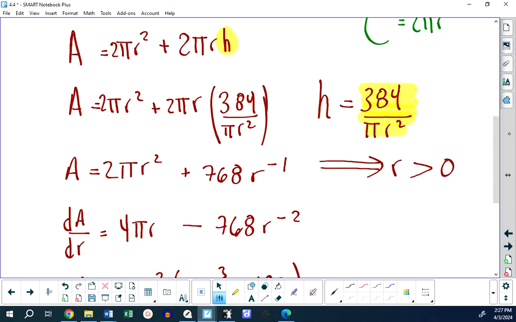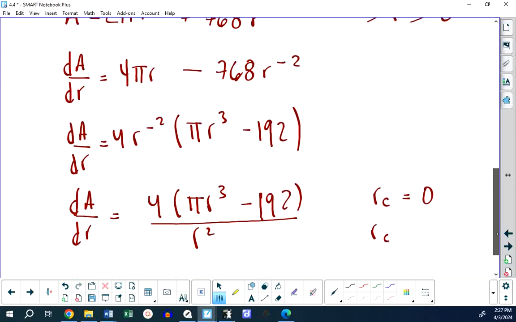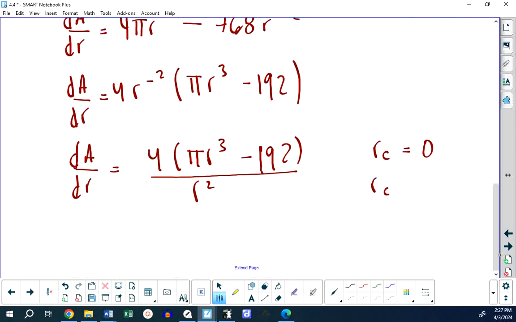You cannot have a can with a 0 radius or a negative radius. R can be as big as you want. R can, in principle, be a kilometer. It's just that h is going to be a very tiny part of a millimeter. There's going to be nothing there. Well, something, but it's very small. So we're going to throw that one out.